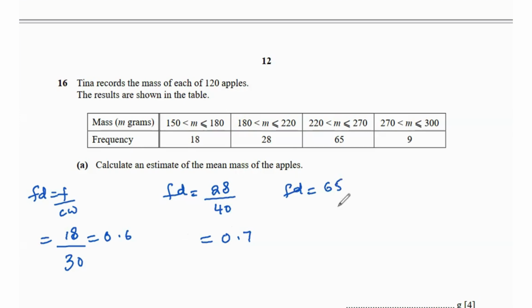Then we have 65 divided by 50, 1.3. And lastly, 9 divided by 30, which is 0.3. So these are your frequency densities for the given class widths.